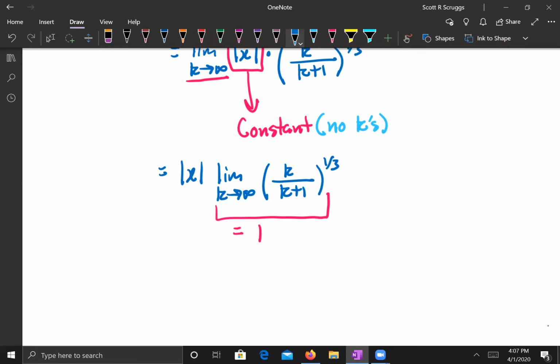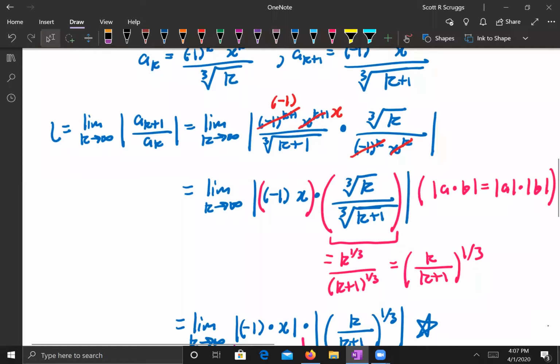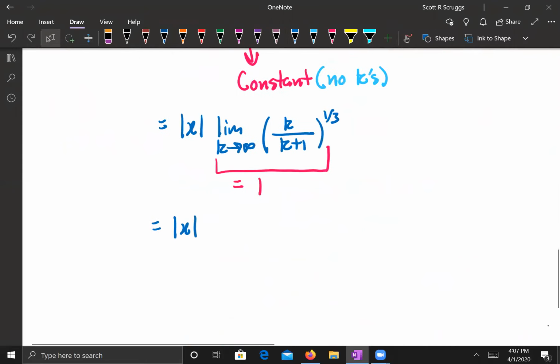And so with that, I now have that capital L for the ratio test is now just equal to the absolute value of x.